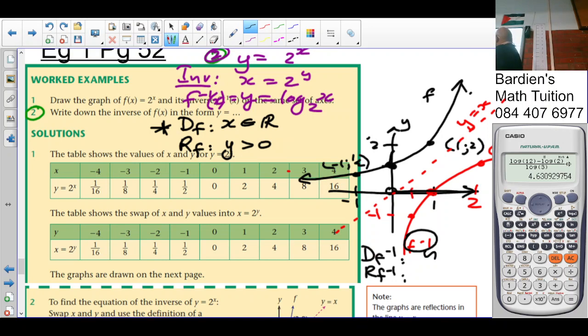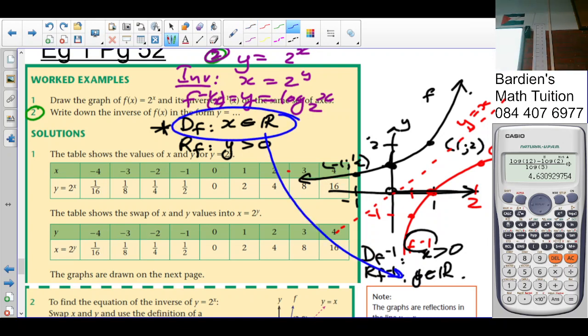So the domain is x greater than 0. The range, does this graph go to negative infinity? Yes, and positive infinity? Yes. So the range is y, an element of all real numbers. There you can see clearly, your domain became the range, and the range became the domain.